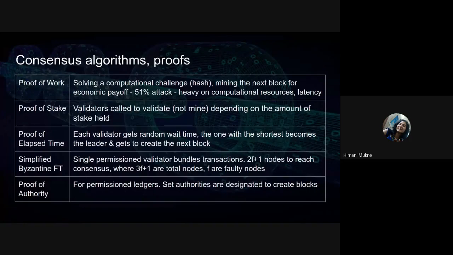But there are a few criticisms associated with this consensus algorithm. The most popular one being the 51% attack. If you know how a basic Bitcoin or Ethereum network works, if any miner pool owns more than 50% of the total stake in the network, they can deem if any transaction is valid or not.